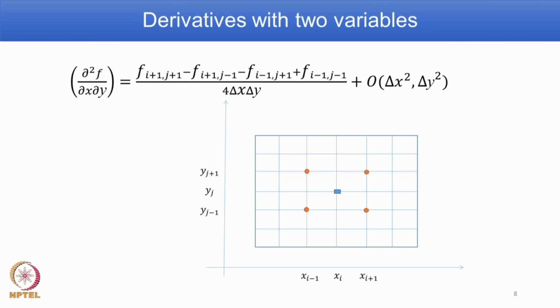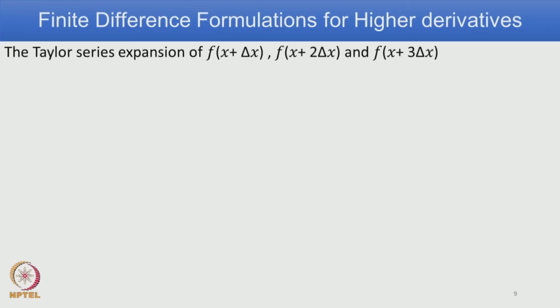So, we have obtained derivatives: first derivative, second derivative, mixed derivative, for uniform mesh and non-uniform mesh. We have to see one more expression, for one more term, that is higher derivatives. So, we extend the procedure.